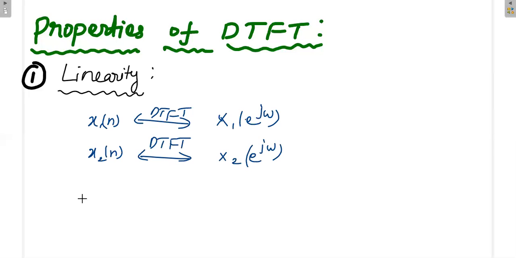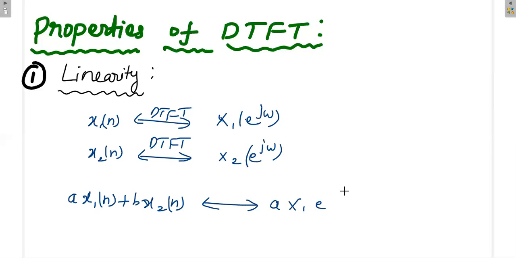Now, what is the transform of the linear combination of these two signals, a x1 of n plus b x2 of n? The Fourier transform is a x1 of e power j omega plus b x2 of e power j omega. Then the proof for this.